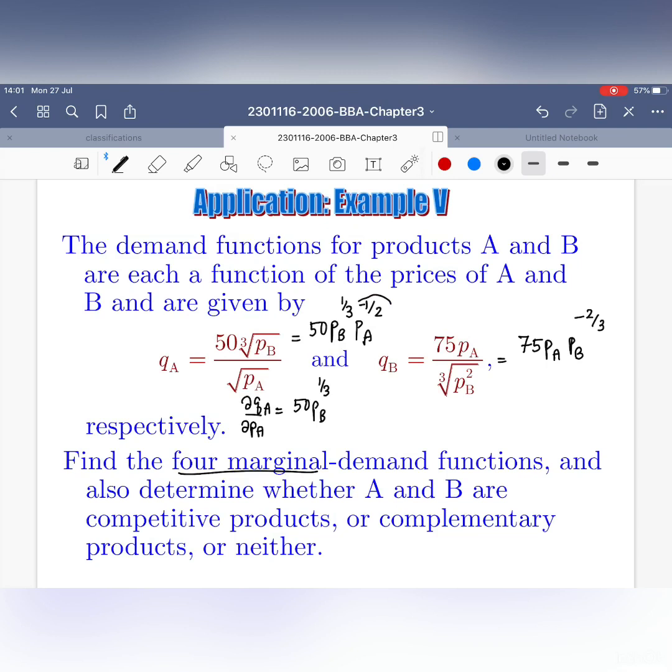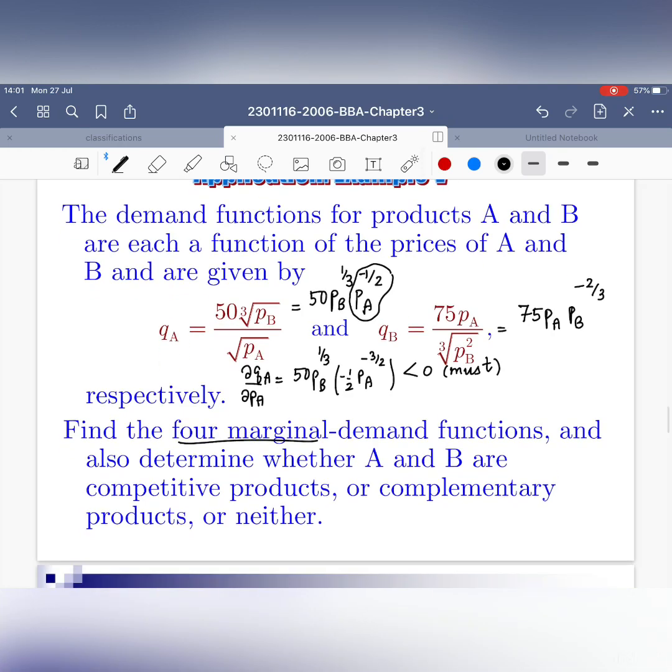So the derivative goes directly to your PA raised to the power negative 1/2, which is negative 1/2 PA raised to the power negative 3/2. And you can see that the price must be positive, so this one indicates a negative. This is the one that you expected, that it must be negative. So it is like what you expected.